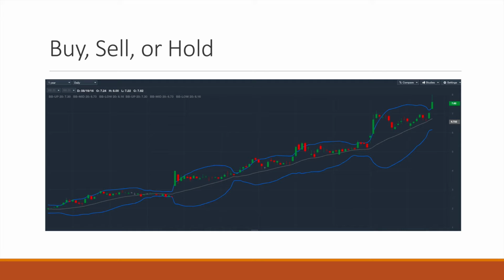If you have it, I would sell it probably tomorrow, because this is one year trading, but I'd sell it tomorrow and then wait for another significant drop according to the bands here, and then buy it right before that expected increase. So we watch the Bollinger Bands and see when they're spreading apart again and the price is closer to the bottom band, and then we move in and purchase.